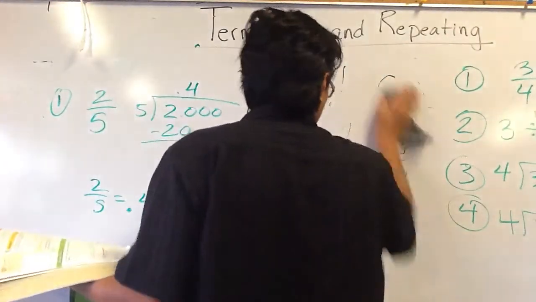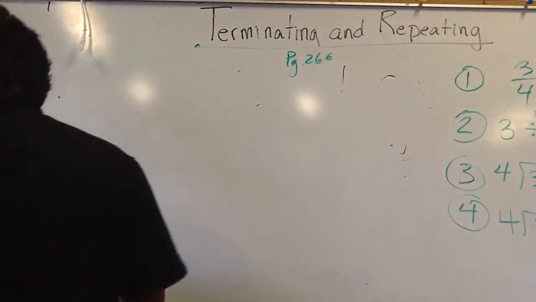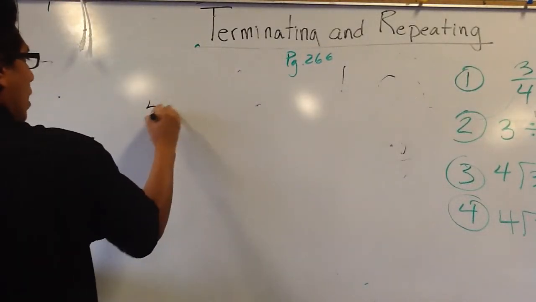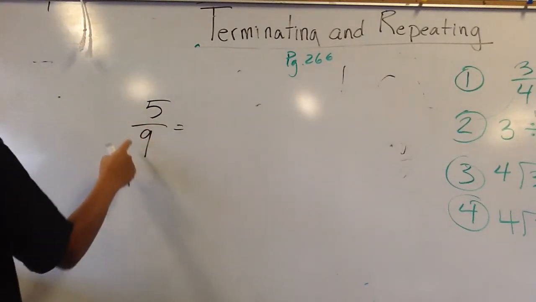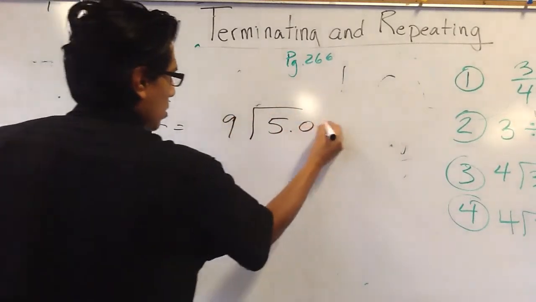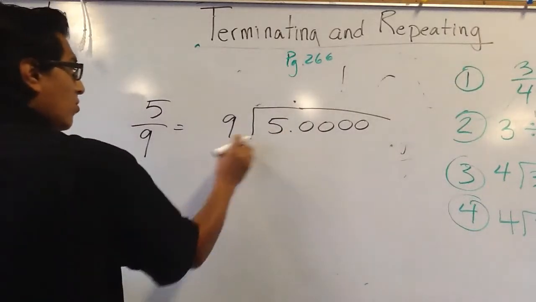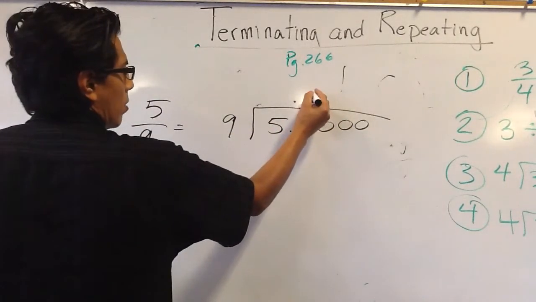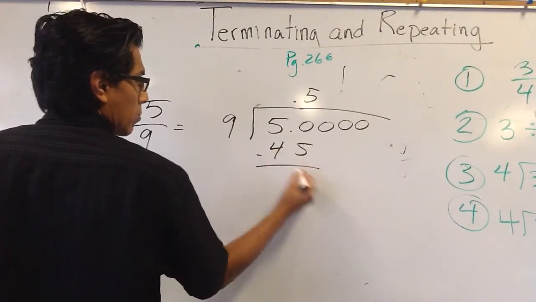Let's look at number 3. It says 5/9, or, say it with me, 5 divided by 9. I'm going to annex some zeros. Well, actually, you have to. 50 divided by 9, what is that? 5 times. 5 times 9 is 45. I subtract, I get 5.